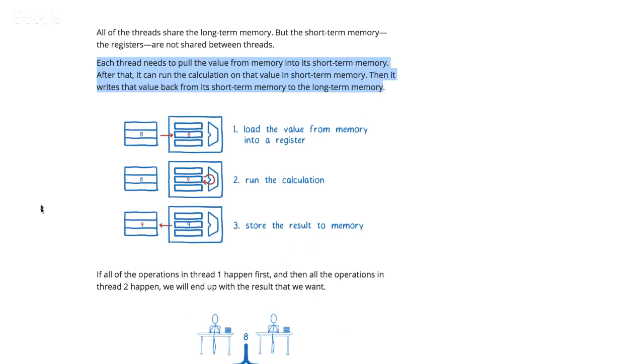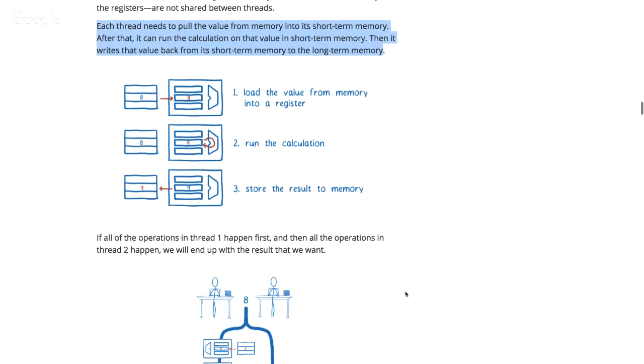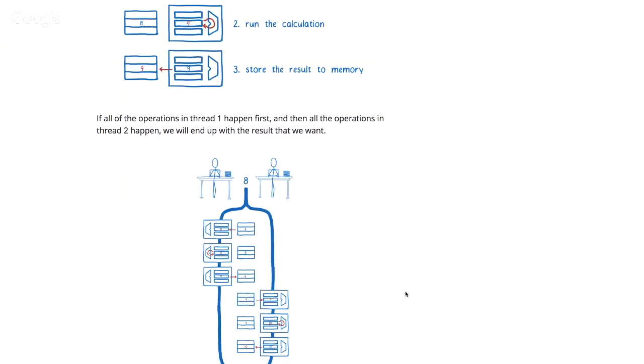Here the value got changed. Basically the value got incremented to 9, and then store the result to memory, and the value is sent back to the long-term memory. If all of the operations in thread 1 happen first, and then all the operations in thread 2 happen, we will end up with the result that we want. They're saying if the operations happen sequentially, then we will end up with the result that we want.